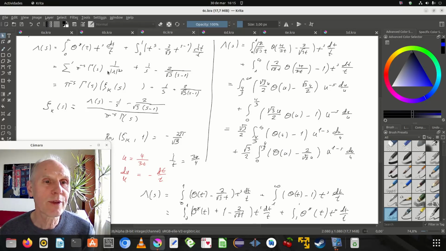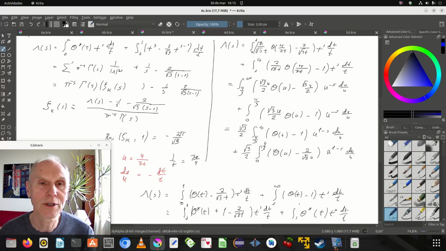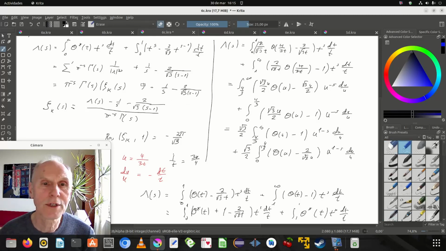The first thing I noticed was that this is all right, except that here I changed the sign. No good. And then, of course, this parenthesis is confusing. But that's gamma of s.